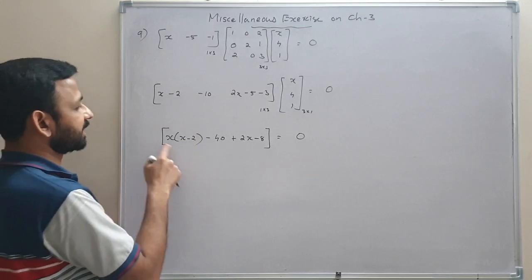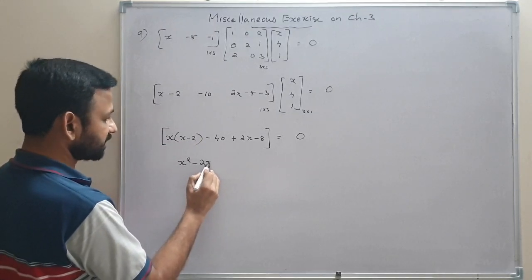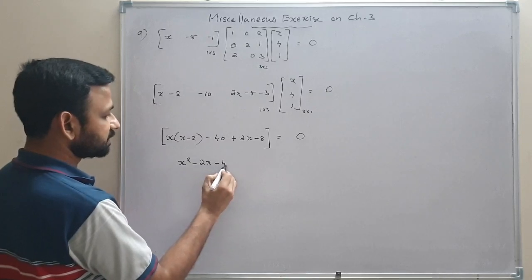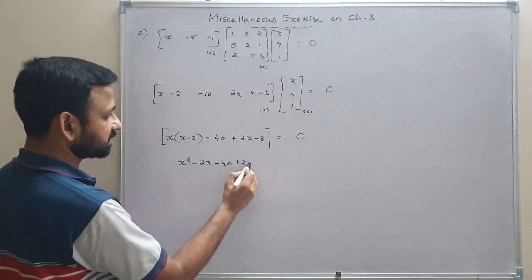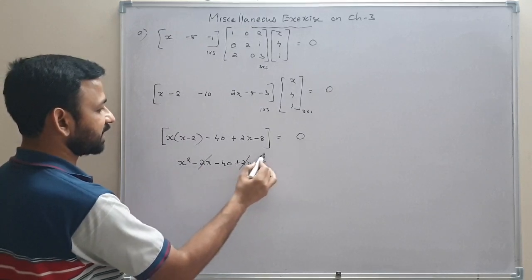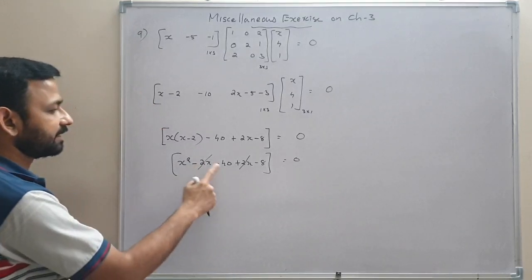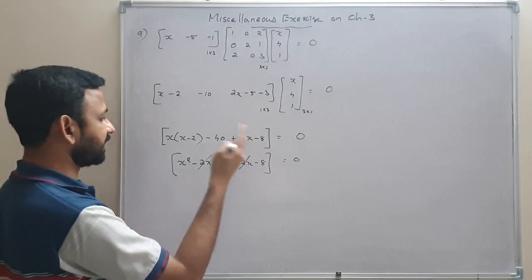Now we can open the bracket. X into x, x square, minus 2x, minus 40, plus 2x, minus 8. So minus 2x and plus 2x cancelled, equal to 0 matrix. And here minus 40 and minus 8 we can combine.